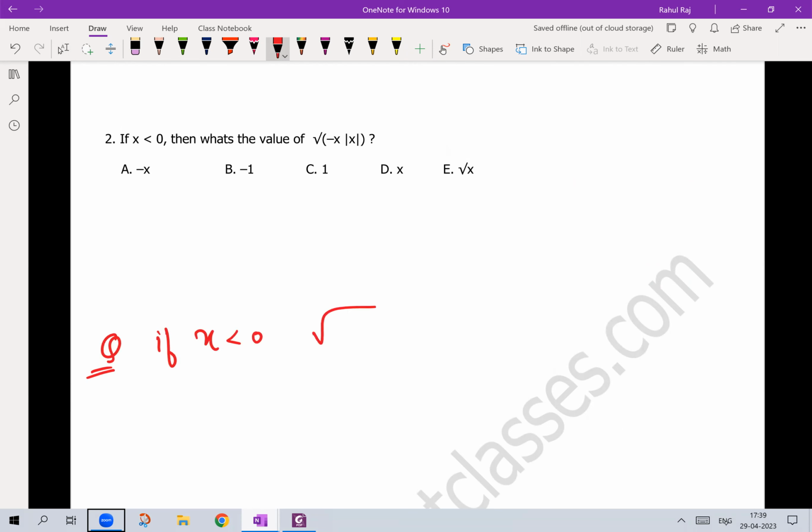If x is less than 0, what is the value of the square root of x minus 4 to the power 2? I'll just write the answers.